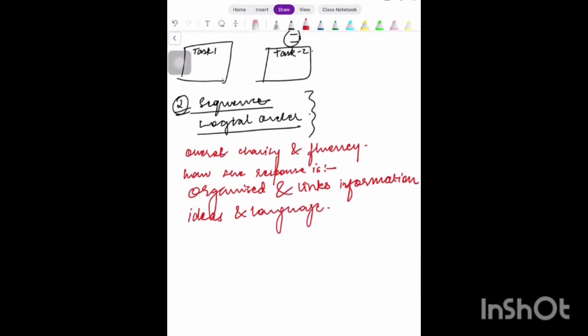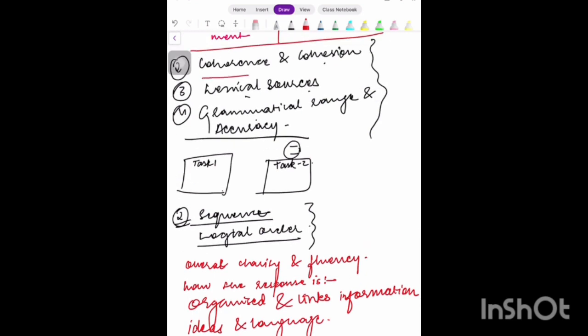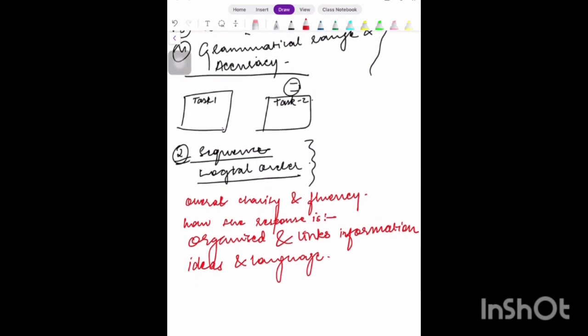So coherence refers to linking of ideas.